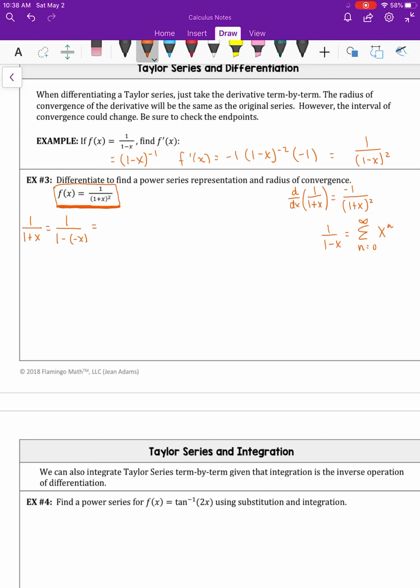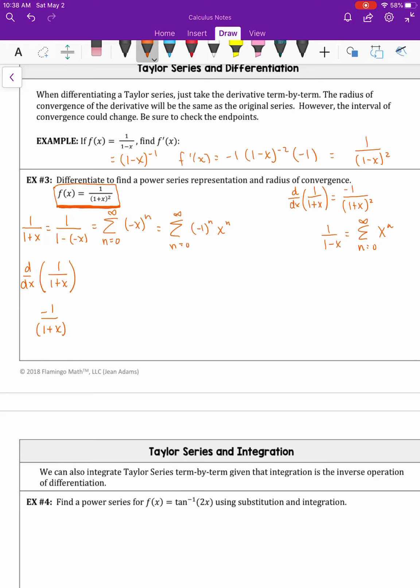So since this is the same thing as 1 over 1 minus a minus x, we can look at it as that summation n equals 0 to infinity of negative x to the n. So summation n equals 0 to infinity of negative 1 to the n times x to the n.